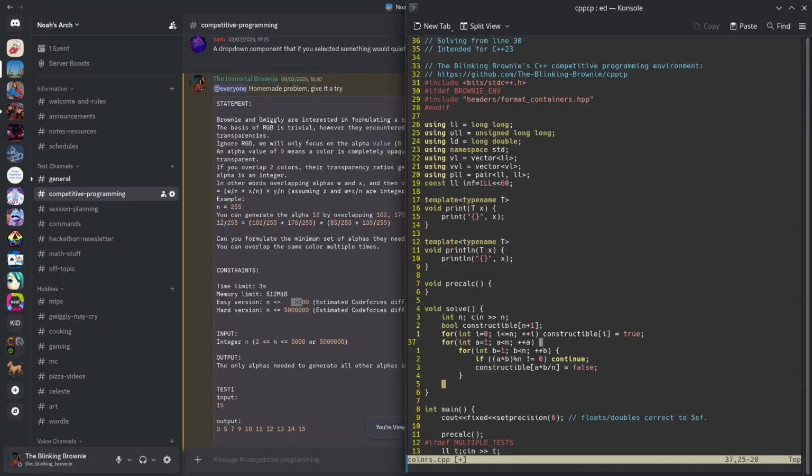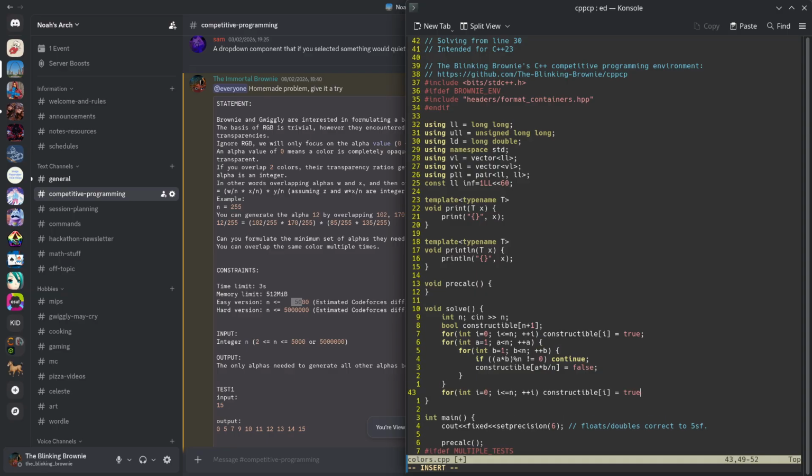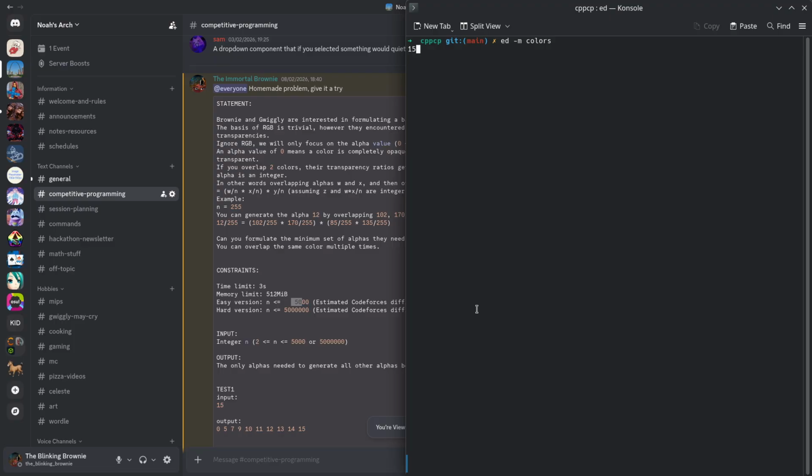Let's copy this. If constructible I, print I. Let's try this with 15. Yep, works. 60. Yep, works.